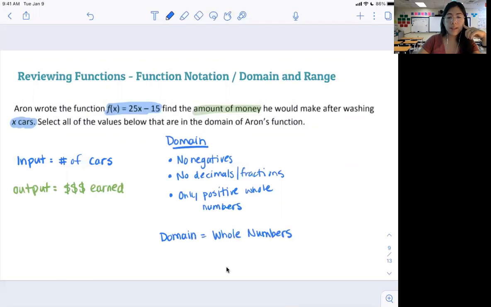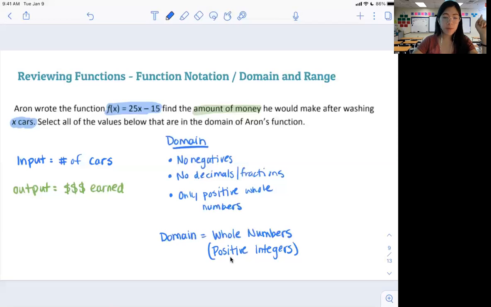Another way you might see this, now be careful, Ujira, because integers can be negative. So this would be whole numbers, or you can also see positive integers. As long as it has the word positive, you're good. But if it only said integers, then that would be wrong because integers can also be negative. So make sure that you read it carefully, positive integers, which means the same thing as whole numbers.